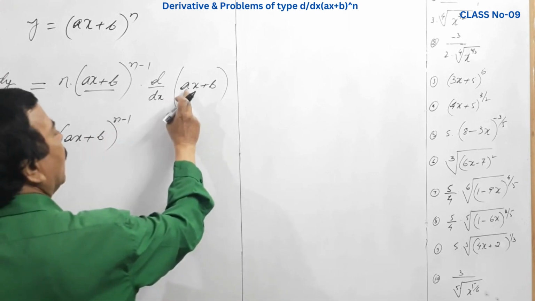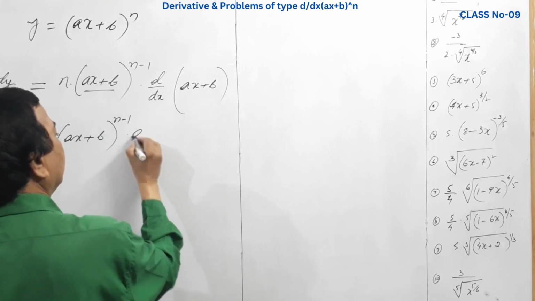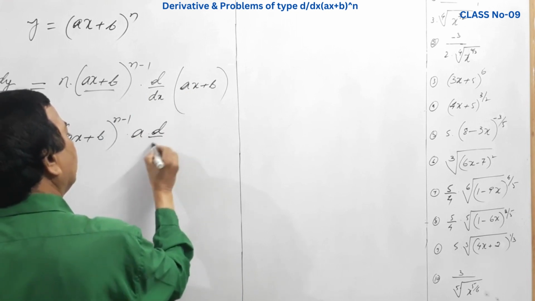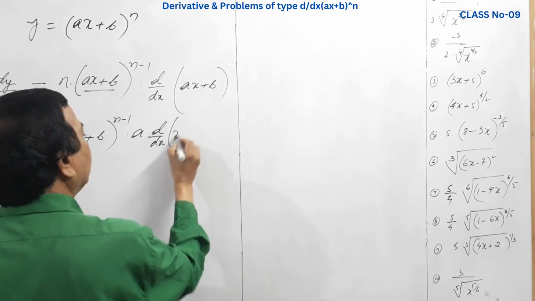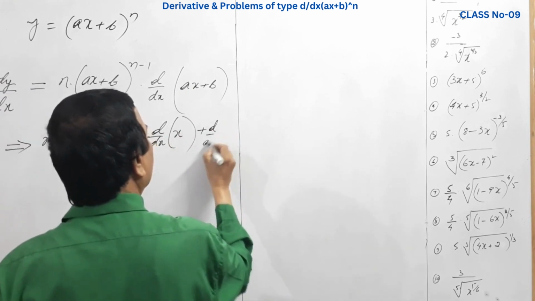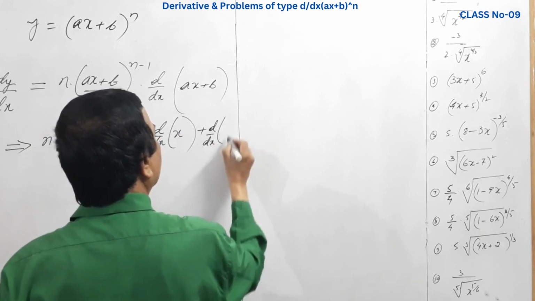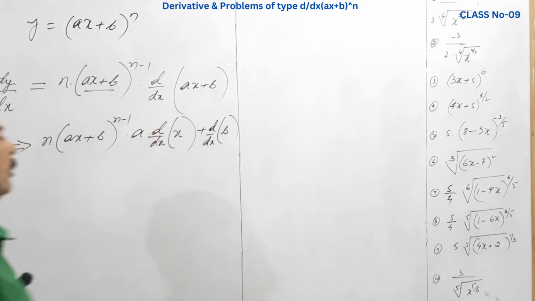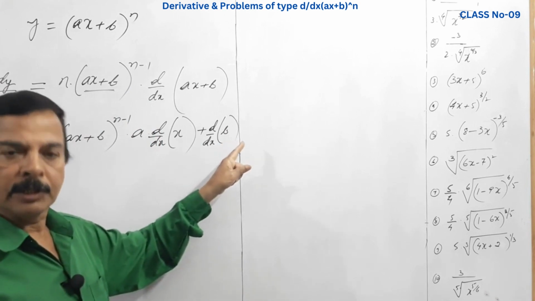I will take this a outside, into a times d by dx of x plus d by dx of b. As you know, d by dx of a constant is 0.